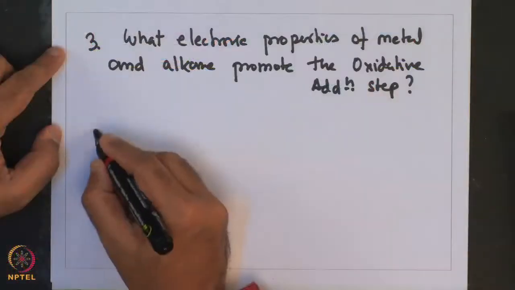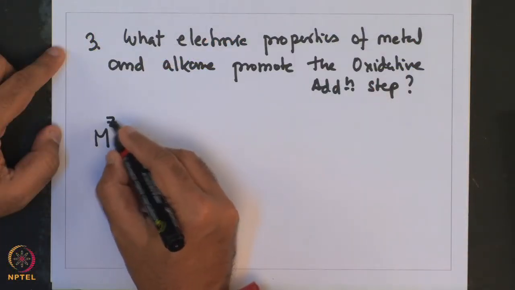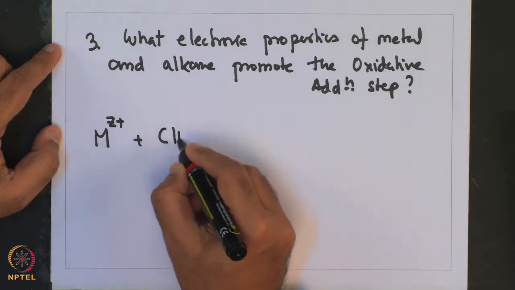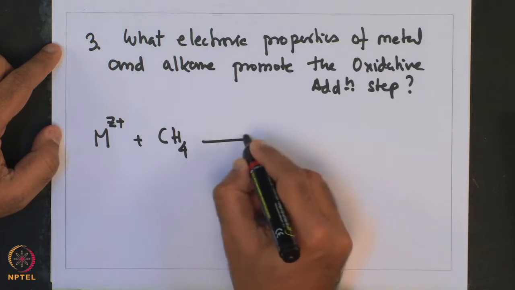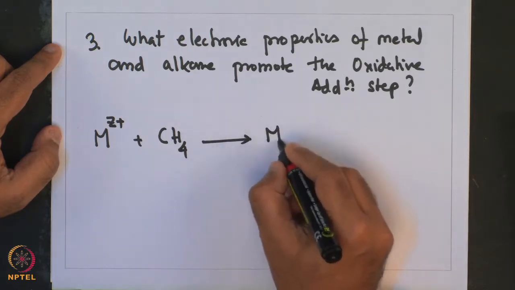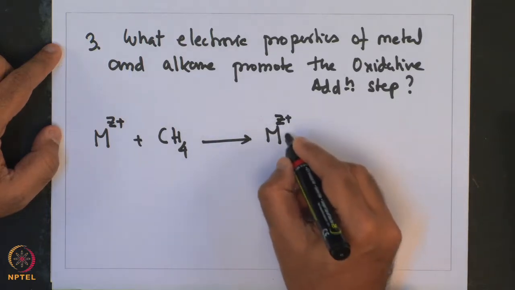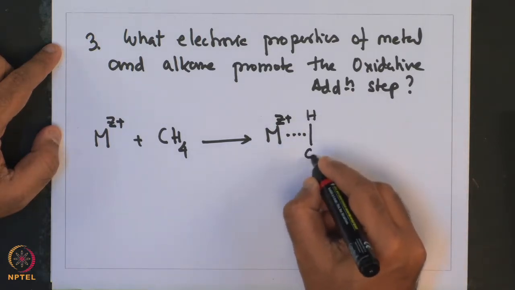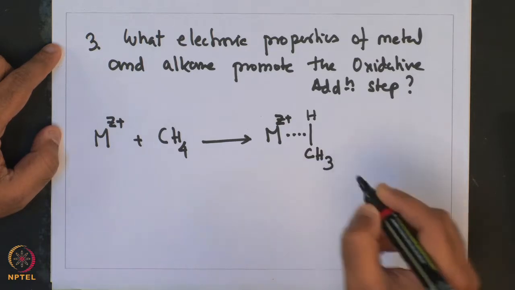So, one can conceive of this C H activation, or formation of a transition metal alkyl complex, proceeding via the following two reactions. For example, a metal Z plus cation reacting with methane, with this metal Z plus interacting with the C H bond of methane.